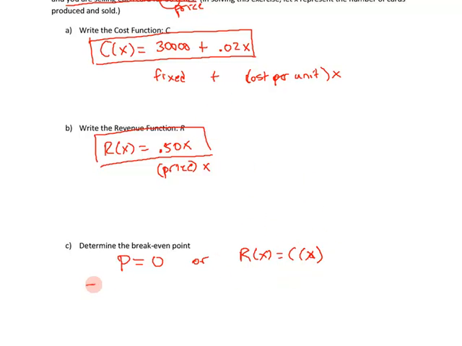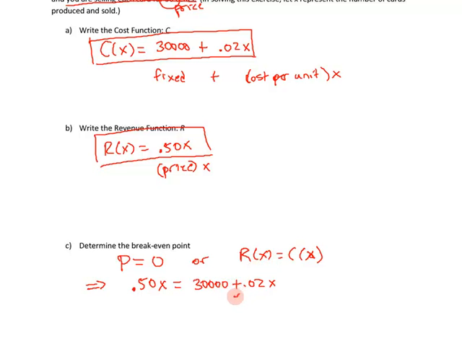Okay, so that would mean that I would have 0.50x, the revenue, needs to equal how much it costs. So 30,000 plus 0.02x. How many cards do I need to produce and sell in order to reach that point where I've paid off my investment plus my costs to get there?